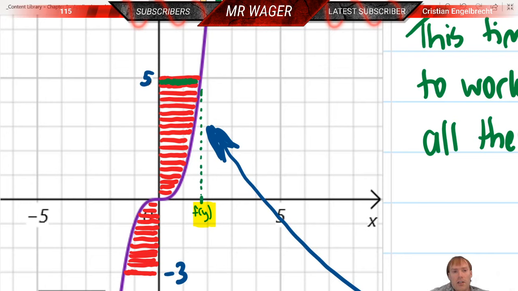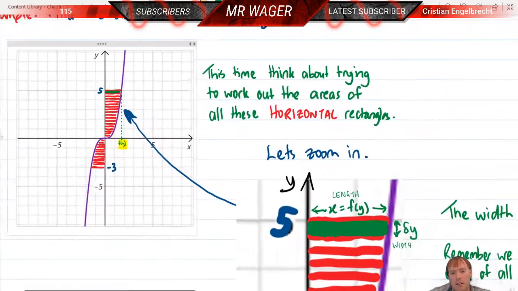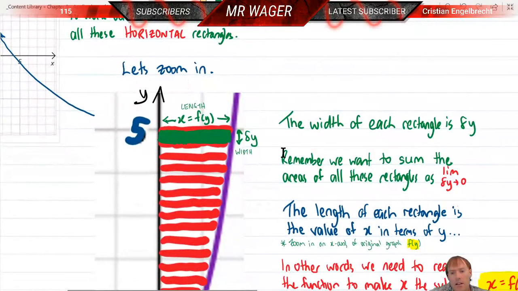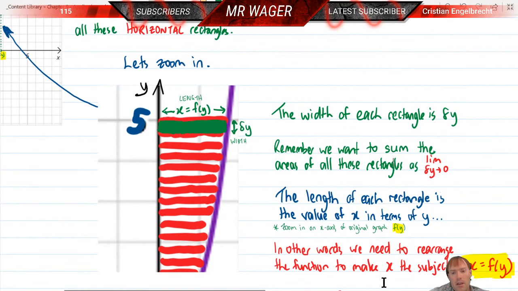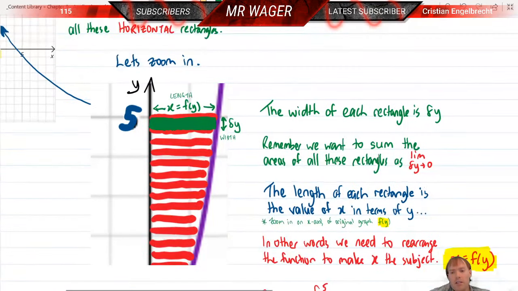Just like all the values on the y-axis we call f of x, the y value at the x coordinate, this is the x value at the y coordinate. So with that in mind, we're going to rearrange the function this time to make x the subject to help us work out these areas. So we're going to say x equals f of y.